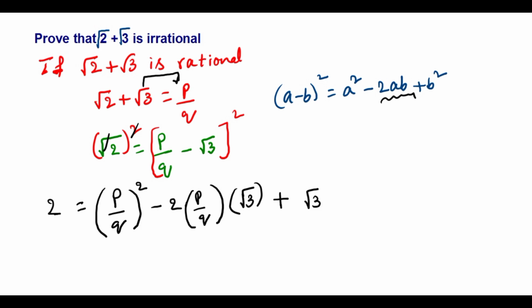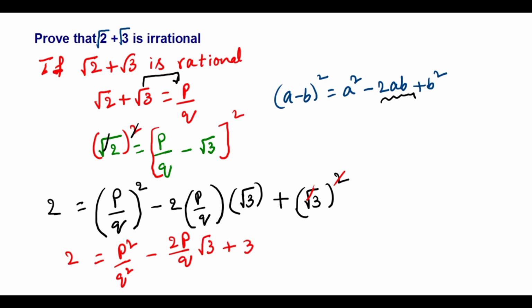It is root 3 squared. Now we can cancel the square and root. Then we write 2 equals p by q whole square, meaning p square by q square, minus 2p by q into root 3, plus root 3 square is 3.